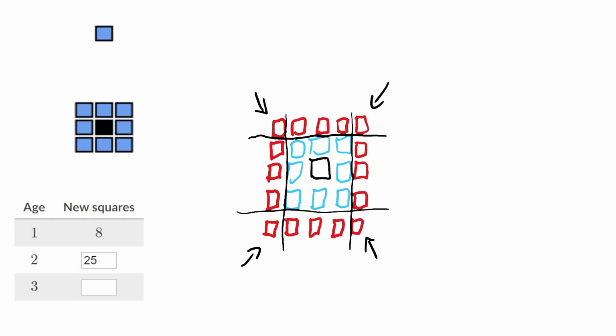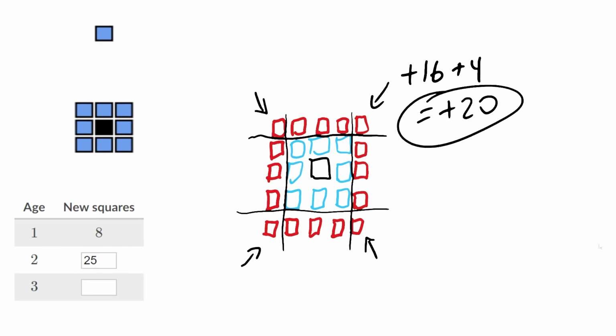I see 1, 2, 3, 4, 5, 6, 7, 8, 9, 10, 11, 12, 13, 14, 15. I see 16 of these red squares. So when we expand out to the next one, we're going to add another 16. And then we're going to add 4 more for the corners. So we're actually adding 20. 25 plus 20 is 45.